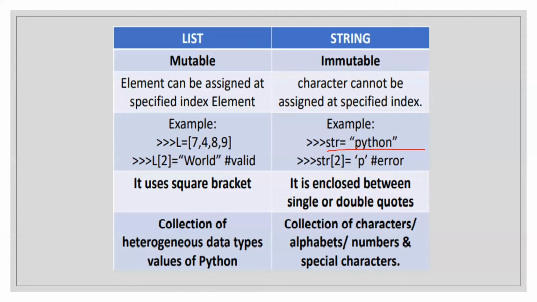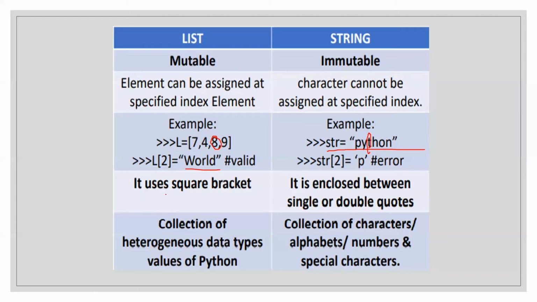So the second element is 0 1 2, this t is the second element, and if I want to change it to the letter p, then it will give us an error, which means it is not possible because strings cannot be updated, they are immutable. Whereas in a list, this is possible. If I want to change this 8 and write the word world in its place, it is possible in lists. So this was an example.